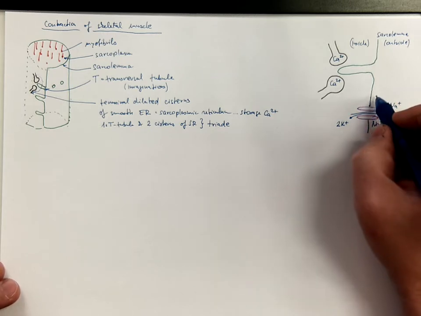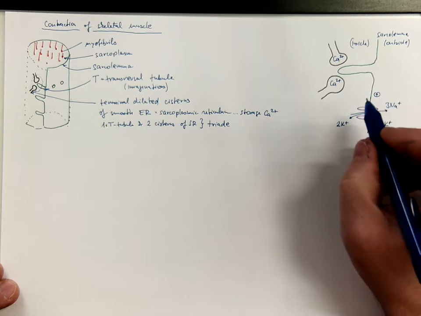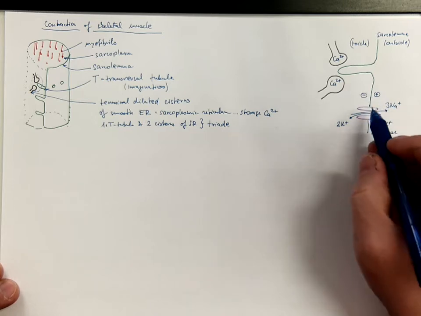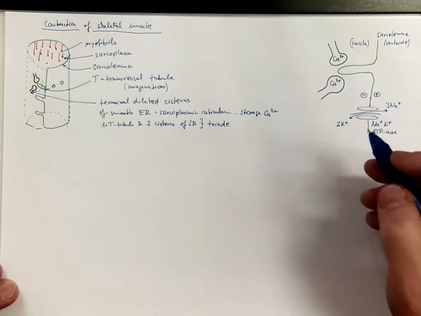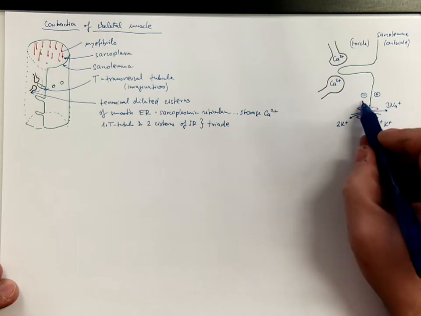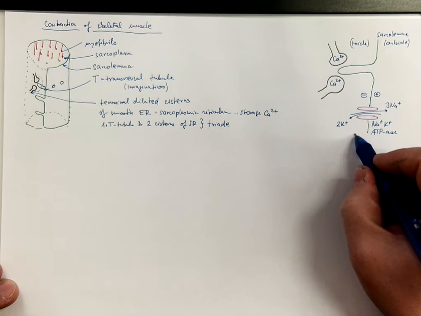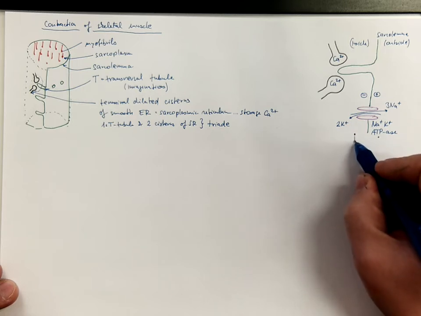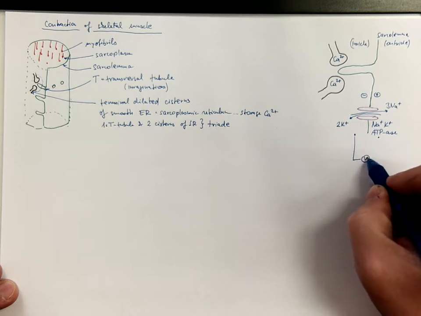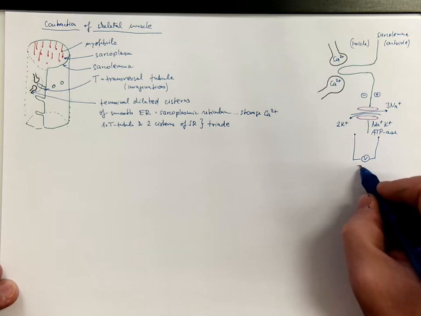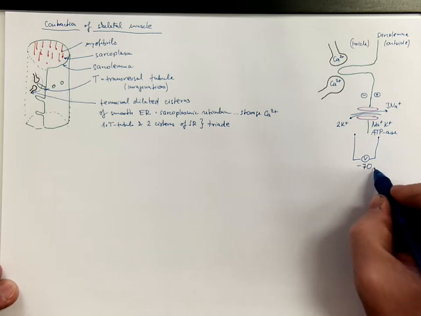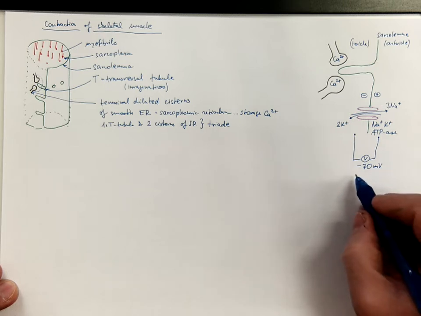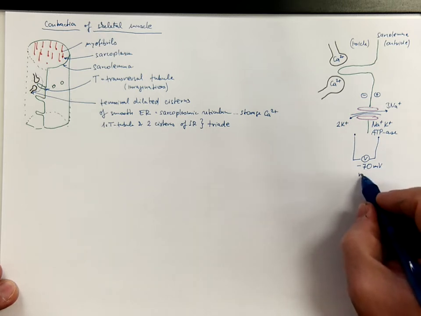So we have more positively charged ions outside than inside. This generates a different potential inside and outside. You could even measure it with microelectrodes. If one microelectrode would be inside, another one outside, and you put a sensitive voltmeter in between, you would measure -70 millivolt in the resting condition, which is called the resting potential.